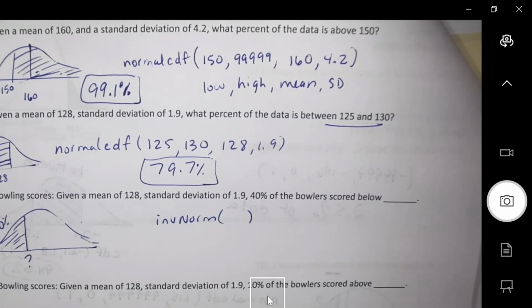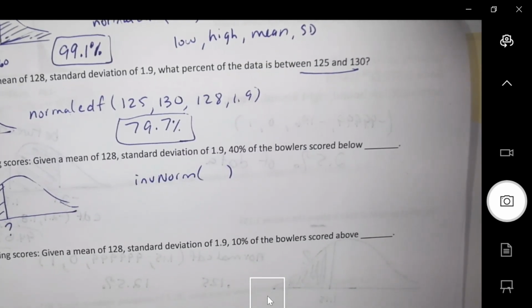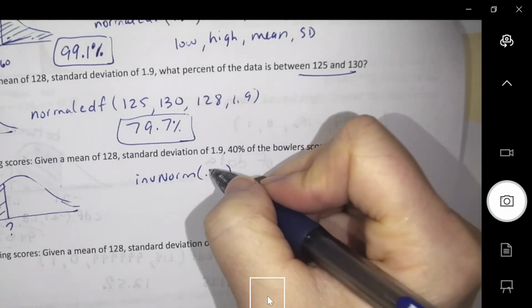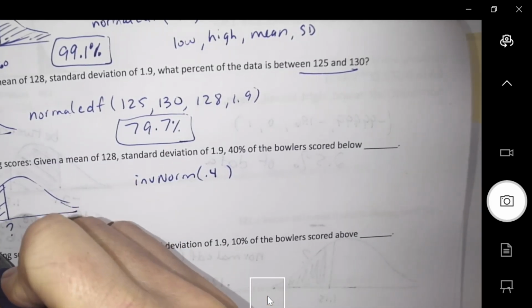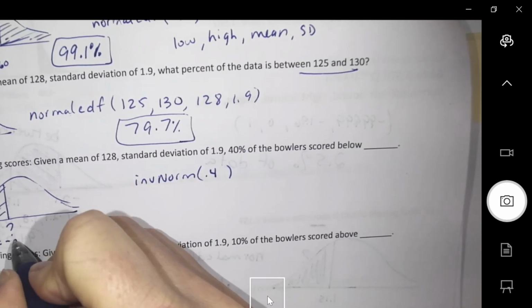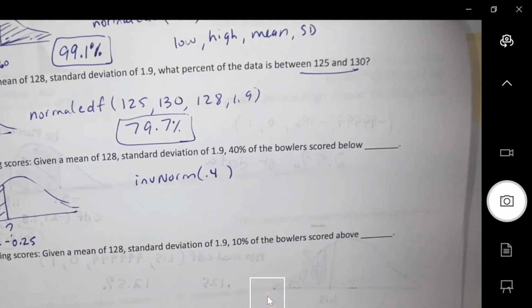So I'm going to inverse norm the percent below, so 0.4. And I got a z-score of negative 0.25 when I did that.